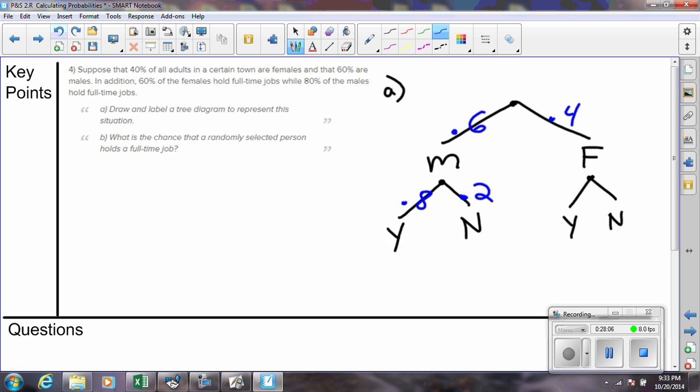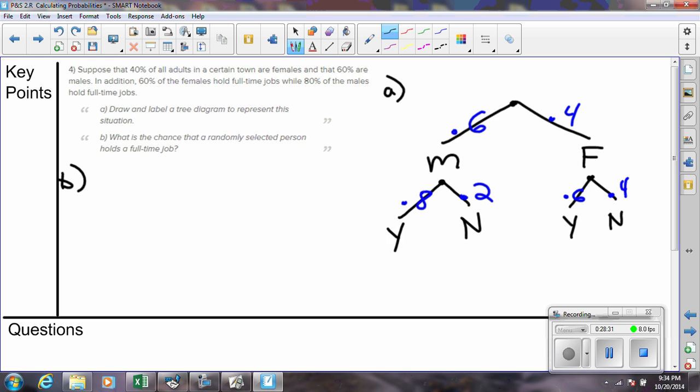When we're looking at females, what is the probability that a woman has a job? Well, we were told this one is 60%. So if 60% have a job, what percent don't? That's 40%. This whole tree diagram, that's part A.